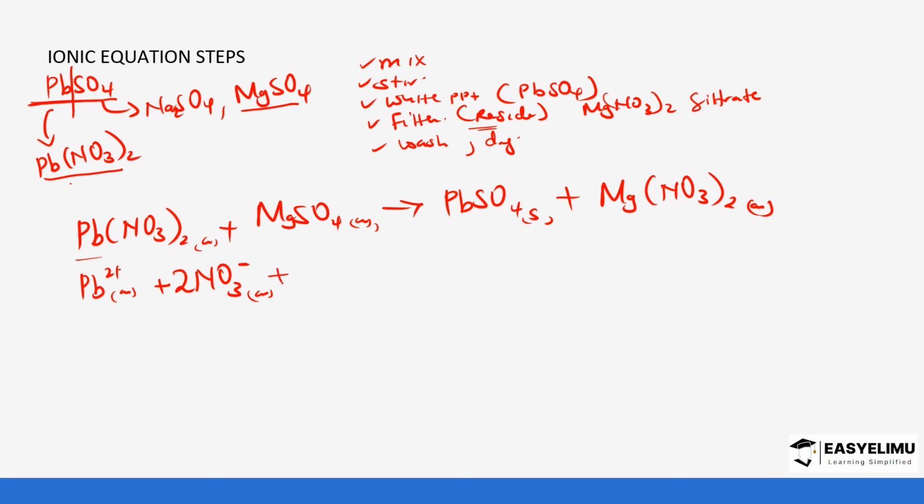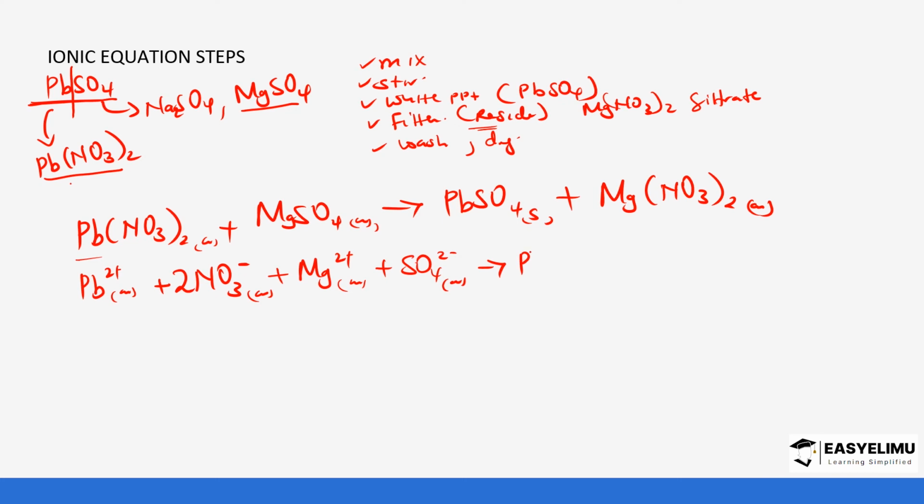And then plus magnesium sulfate is aqueous, so we can break it into ions. It becomes magnesium 2 plus. You need to remember these charges from the periodic table. The others are the radicals, and sulfate is written like this, also aqueous. When it comes to dissociating the ions, we cannot do so for a solid because it is in fixed position.